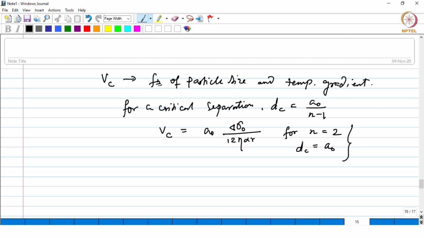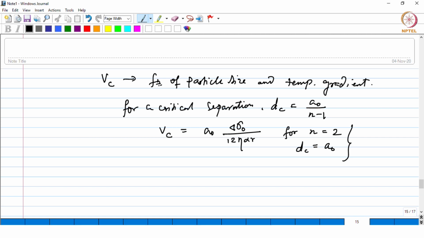Below the critical velocity, the particles are pushed by the solidification front, resulting in their segregation in the interdendritic regions on solidification. On the other hand, above the critical velocity, the front grows around the particles and engulfs them, leading to distribution in the grains. Right?